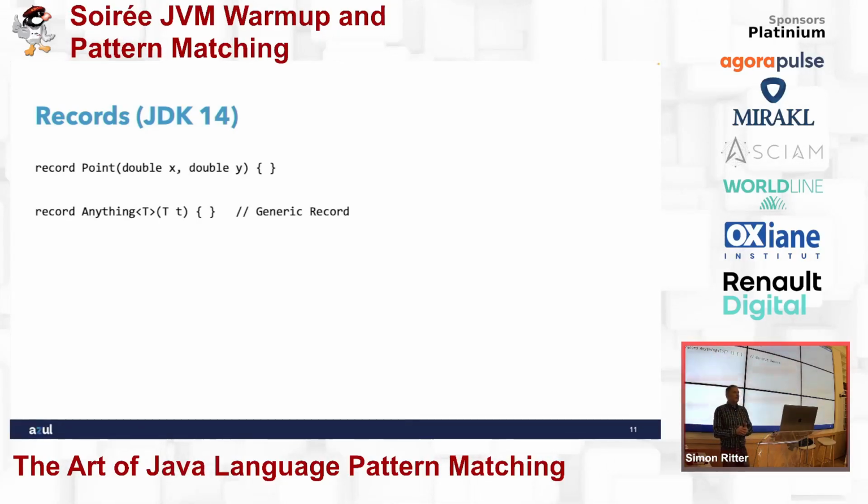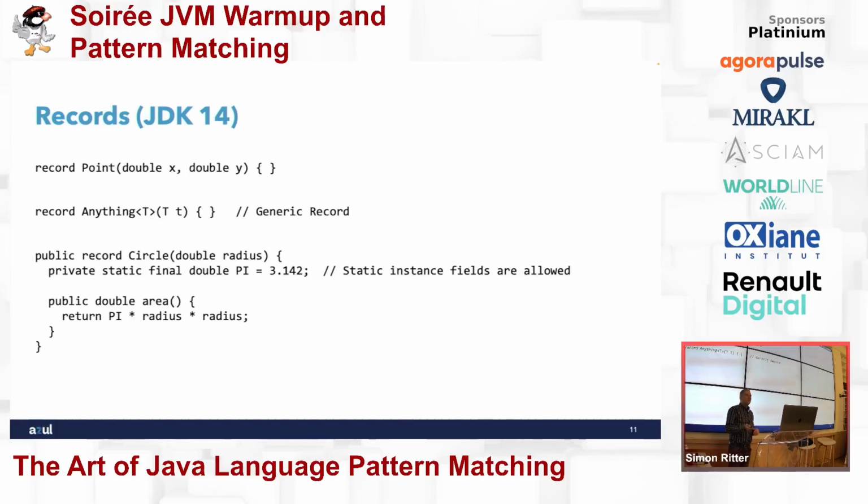Records, being a special form of class, can do other things. So we could have a generic record. Anything of type T can store an object of type T, and we can store whatever we want in there. Similarly, because it is a special form of class, we can add other things to it, but not everything that we can add to a normal class can be added to a record.